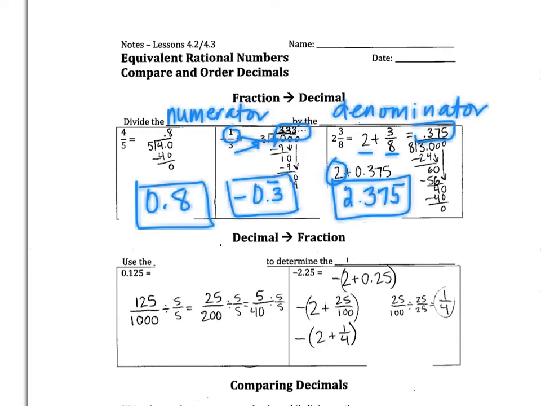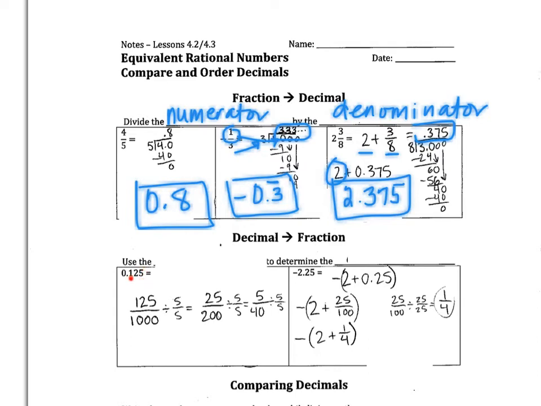Now we're going to turn decimals into fractions. So we have right here our decimal. And the way that I like to do this, I think it's probably the easiest, or the way that works for me, is say the place value of the very last number in it.